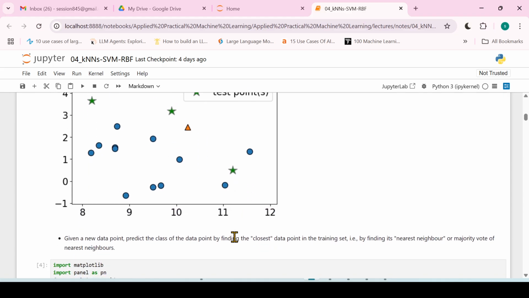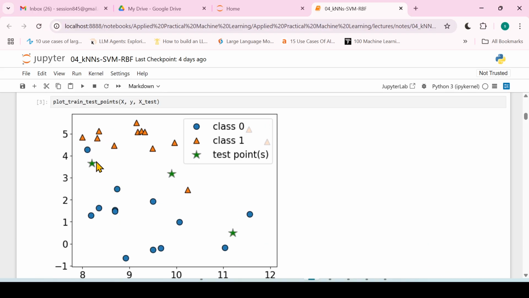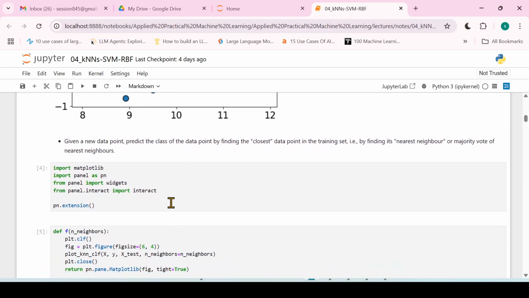Whenever I say example, I mean the nearest neighbor. We want to find the nearest neighbor for these green stars, these test points. That will help us figure out the label for these green stars.